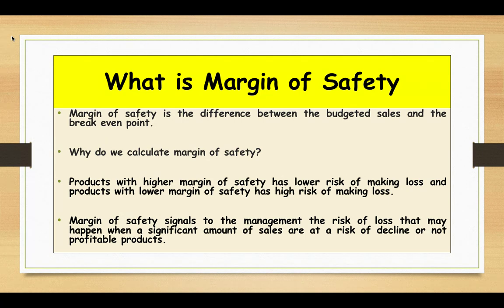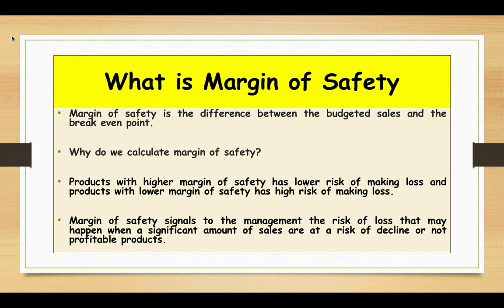So if you calculate the percentage, 12,000 divided by 15,000 times 100, the margin of safety is 80% of the budgeted sales. So the company has high margin of safety, so less risk.